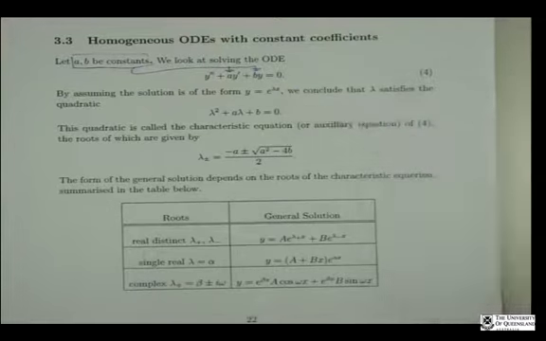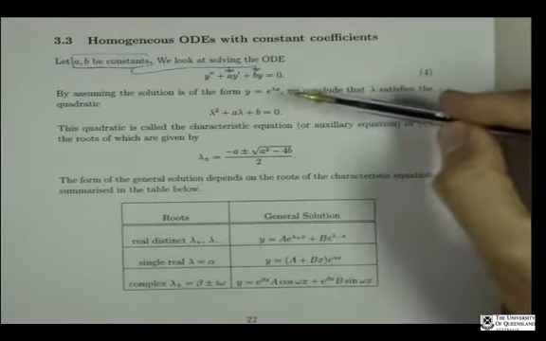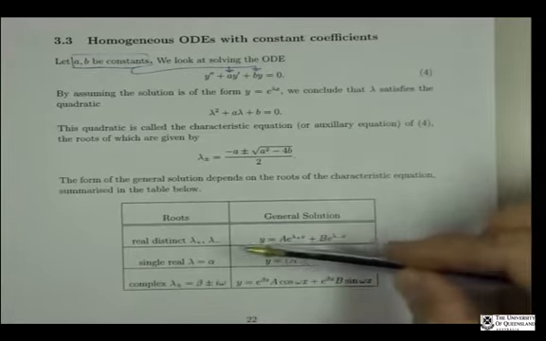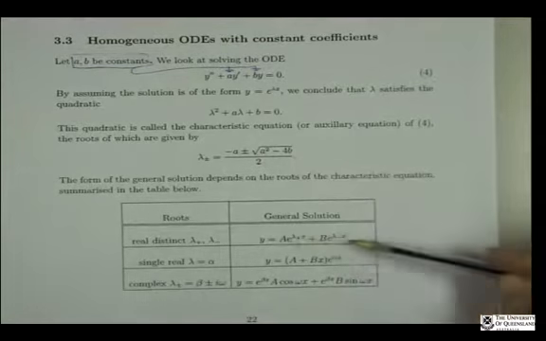Two distinct values of lambda means that if I take the ratio of those two functions, I'm not going to get a constant, which means they're linearly independent. So the general solution for the case where a squared minus 4b is positive will just be a linear combination of those two exponential functions.